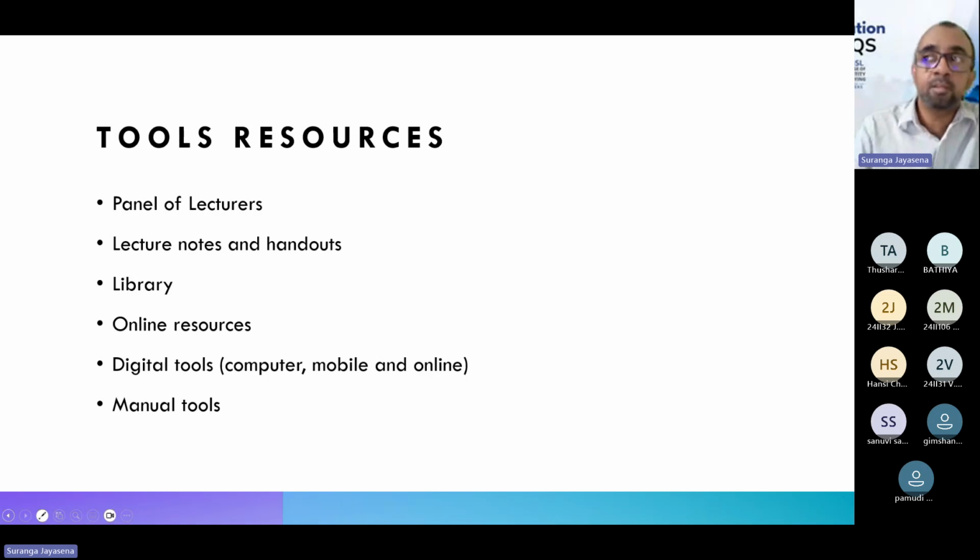Then the lecture notes and handouts given by the respective lecturers. Then we also have a library where you can find some useful books and some other sample documents for various aspects of your learning. And of course, there are a lot of resources online nowadays. So the resources are actually abundant, right?